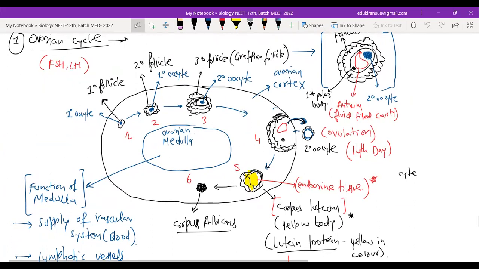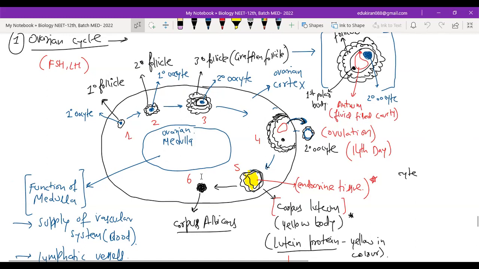So write down the ovarian cycle. It is a series of events occurring in the ovaries, during which maturation and release of oocyte takes place.